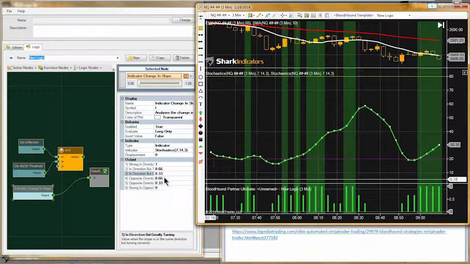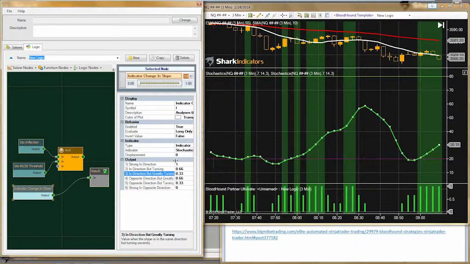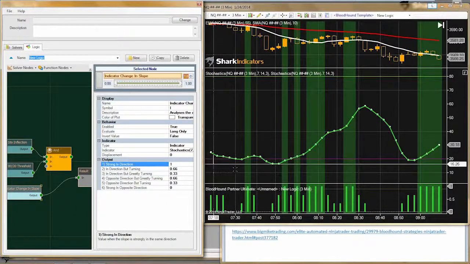And that is all controlled here by these outputs. Let me stretch this open so we can read them. Okay, so we can see the first one here is strong in direction.